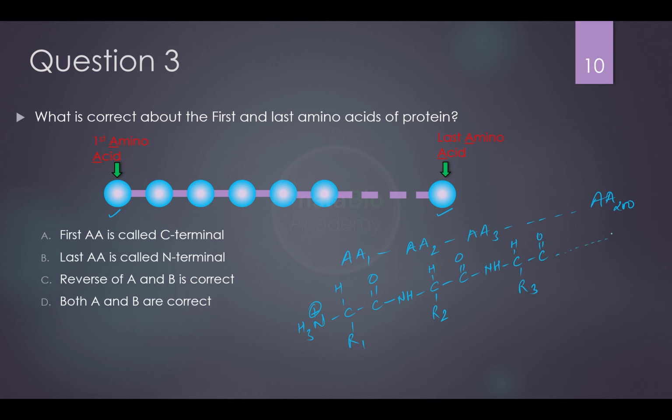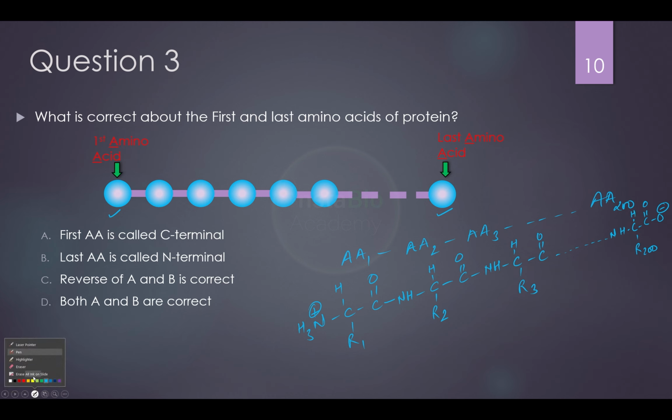Now at the end you will have NH, C, O, O minus, and obviously this will be R200, and this is H.